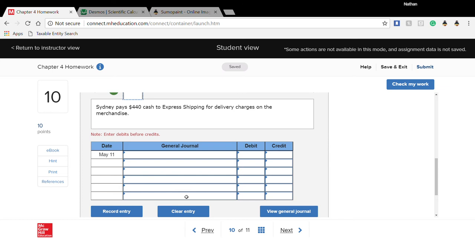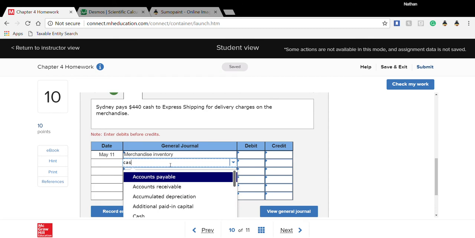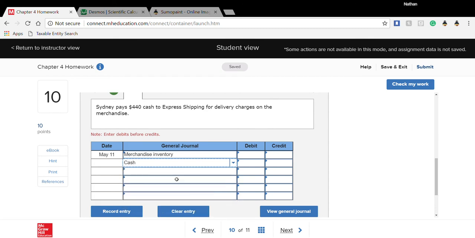Since we have to actually pay for it, we don't expense this. This is capitalized, so this is only going to deal with merchandise inventory. Since we paid cash, we do our cash for the amount of shipping. And boom, there we go.